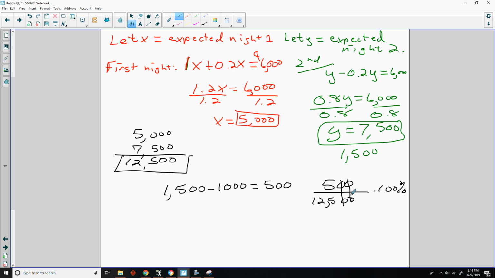And if the zeros cancel and these zeros cancel, 5 goes into 12 2 times, 5 goes into 25. So that's 1/25 times 100%. Well, how many times does 25 go into 100? 4. So it's 4%. So the concert missed its expected attendance by 4%.